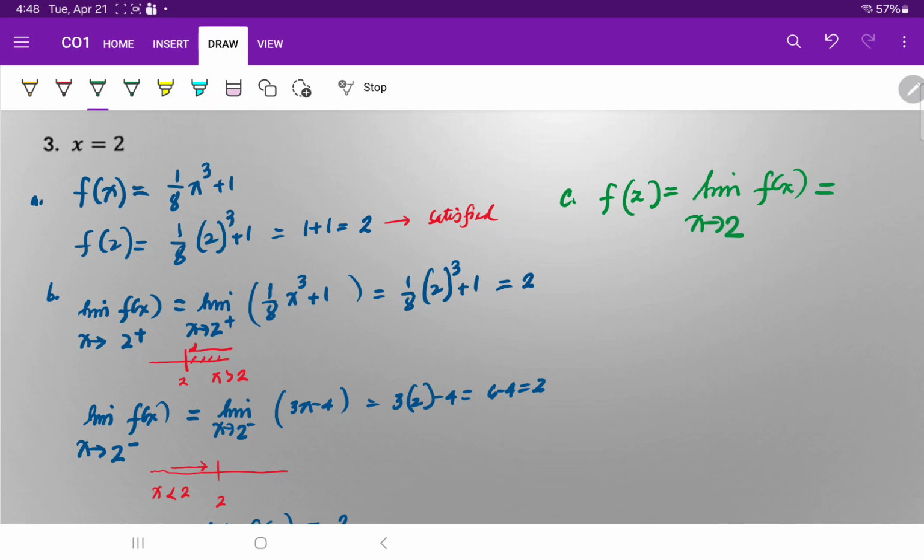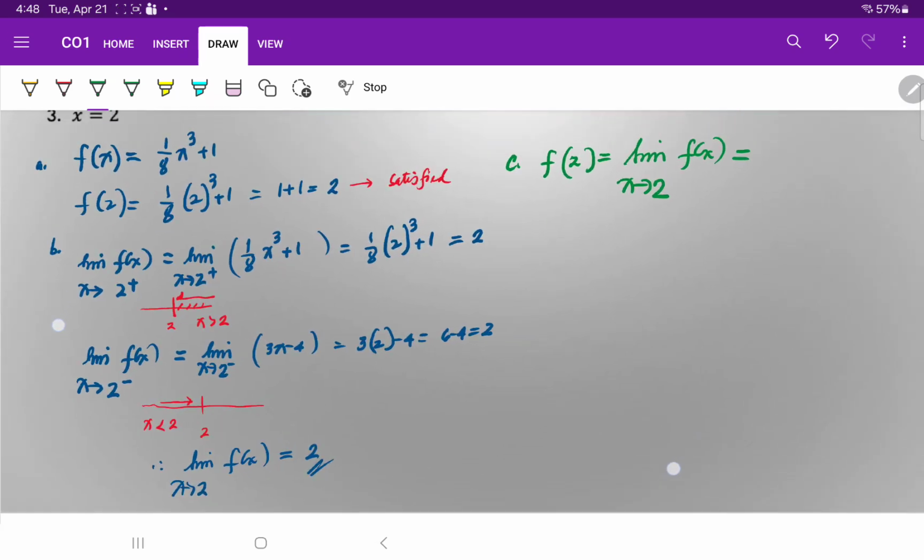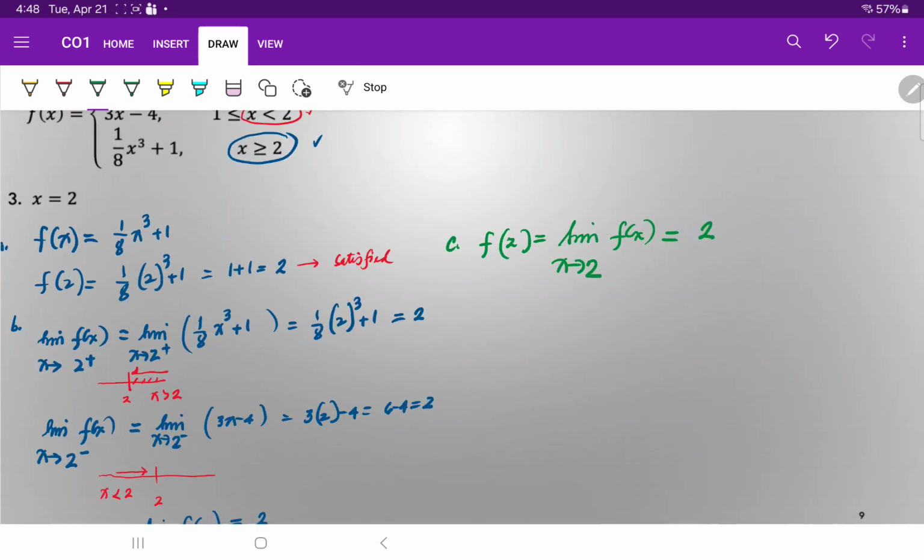And they are the same. They are both equal to 2. So we say therefore that since f of 2 and the limit of f of x as x approaches 2 are equal, we conclude that f of x is continuous at x equals 2. Alright?